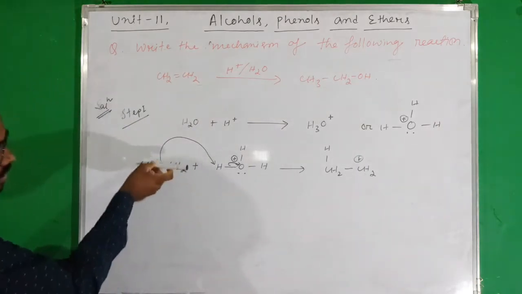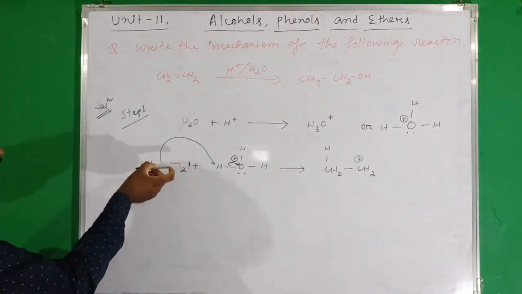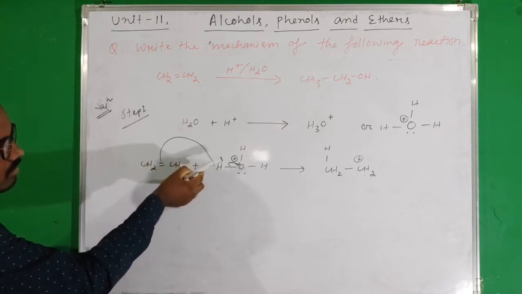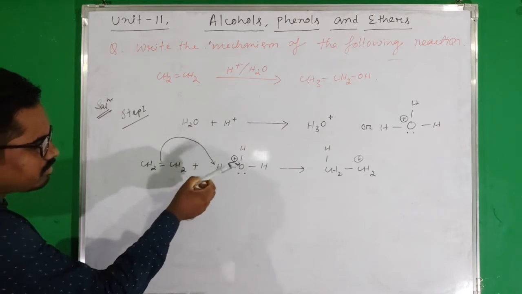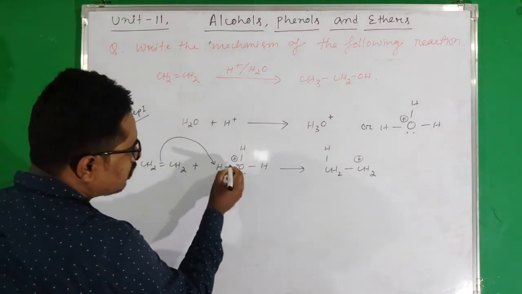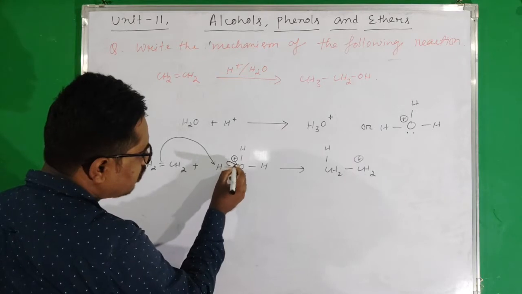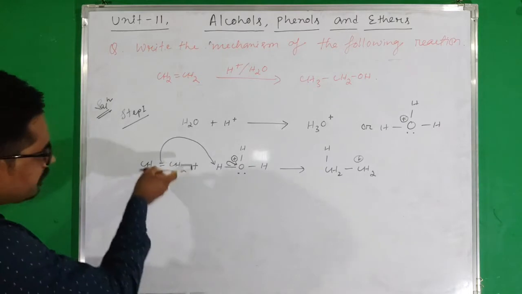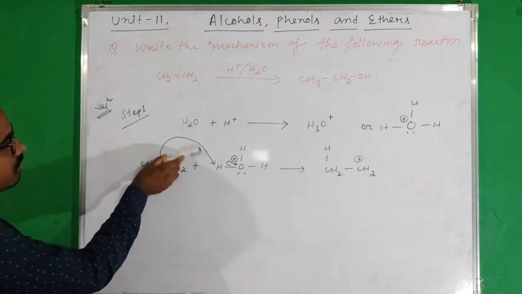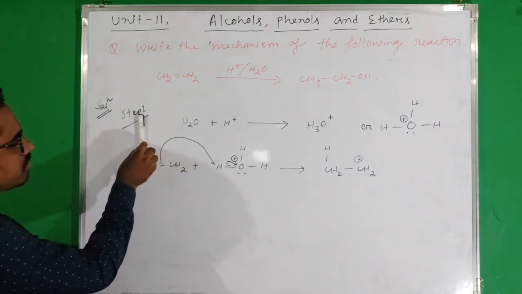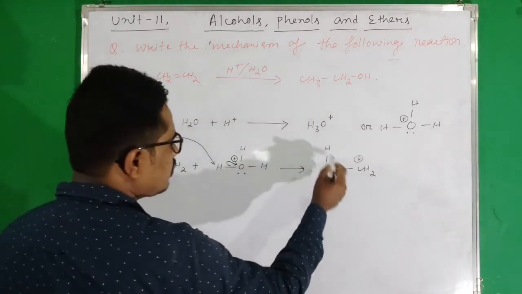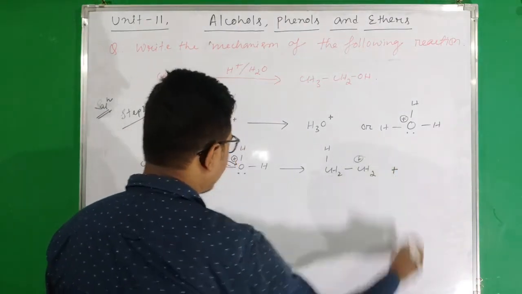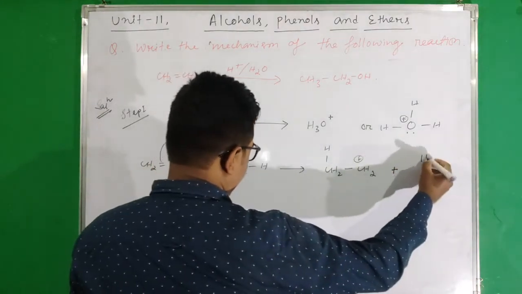That means in this case a double bond is present. The two electrons of the bond are donated to this H positive ion, because the H positive ion is formed due to attraction of electrons by this oxygen atom. So the bond will go in this direction, resulting in CH2H CH2 positive, and water.